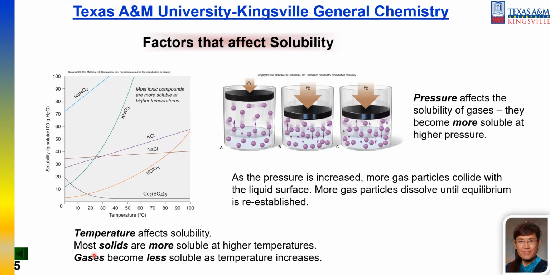About the temperature influence, if you increase the temperature, the gas dissolves less. The reason is when temperature increases, your gas moves faster. The thermal motion becomes stronger. So they escape from the surface of the liquid. Solubility decreases.